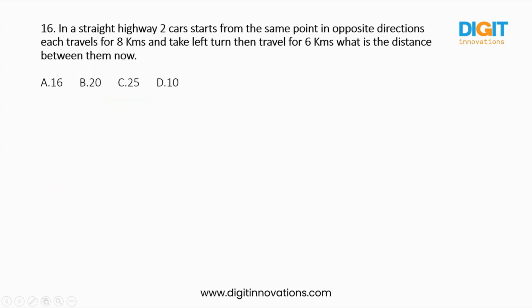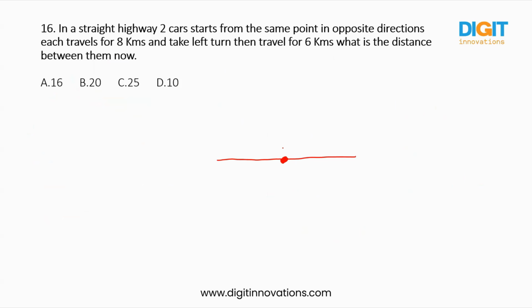In a straight highway, two cars start from the same point. Let us think this is the starting point, in opposite directions. Each travels 8 kilometers.